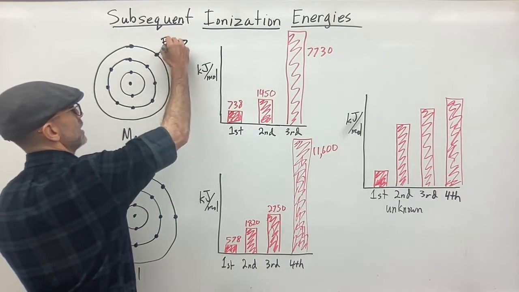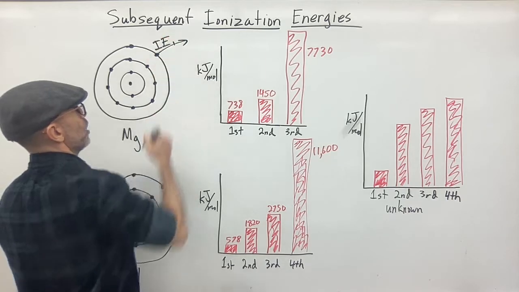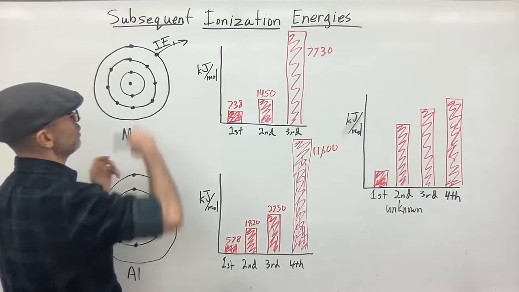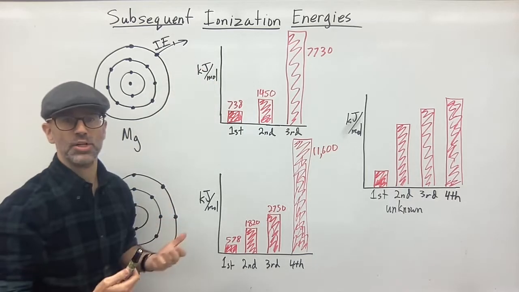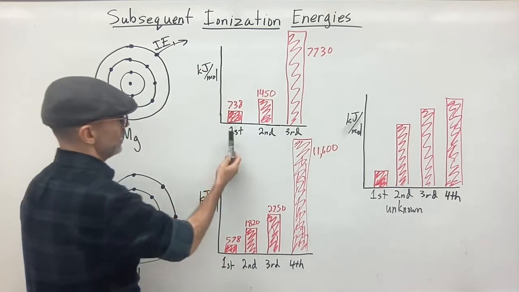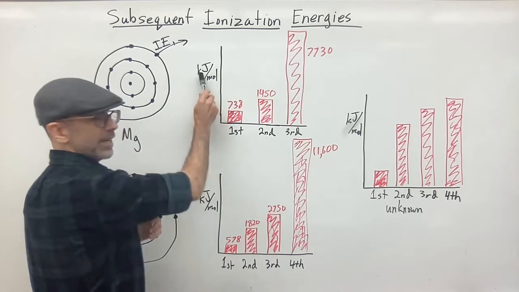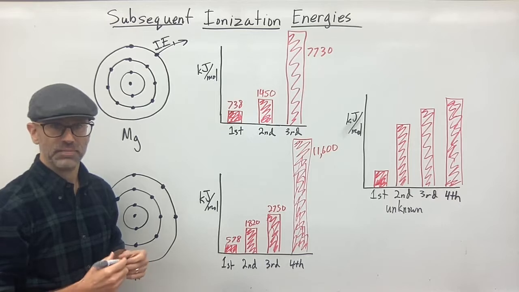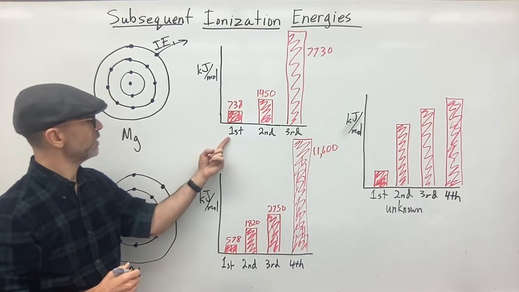Let's call this IE1, the first ionization energy. How much energy does it take? It takes 738 kilojoules per mole of energy to remove that electron.